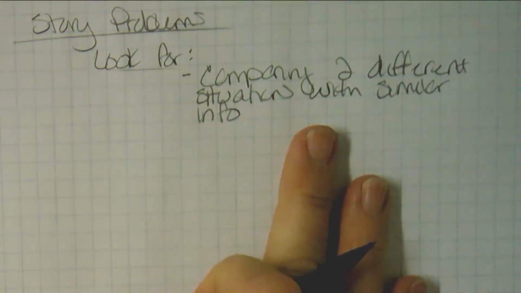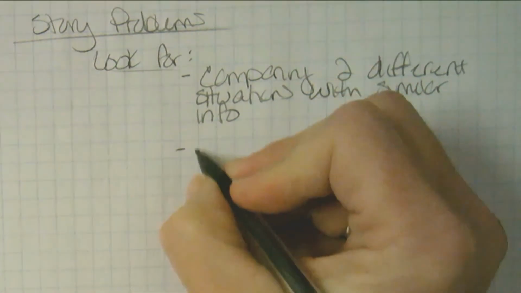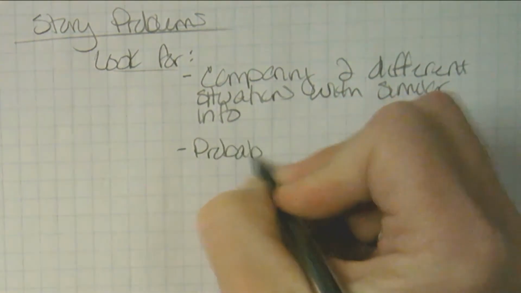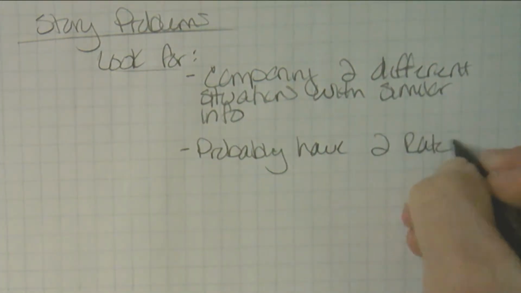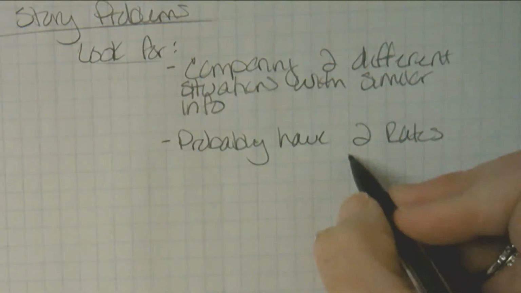That's kind of what we're looking for. You're going to probably have 2 rates, 1 for each situation.